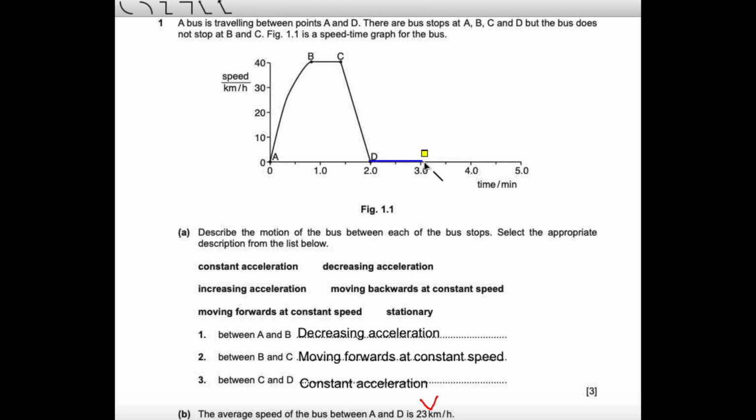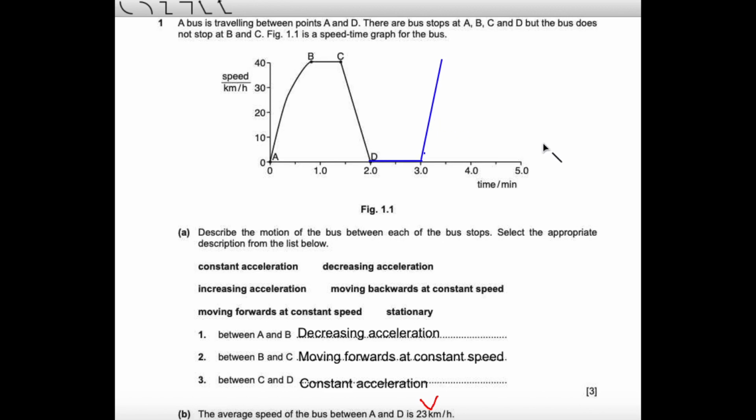So it will move in this direction just till this point for 30 seconds. If we draw a line to the x-axis, it will reach 3.5 minutes. So this is the second stage.